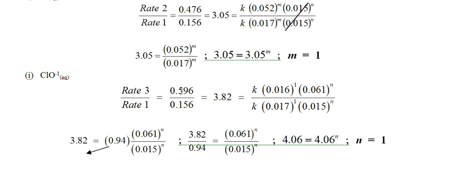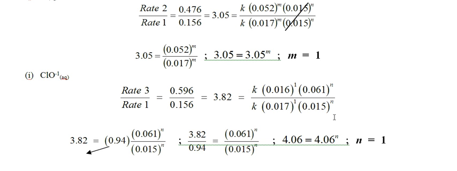Take those rates and divide them by each other. In this case, I got 3.82. Nothing really extraordinary about that. However, when I plug in my concentrations, you'll notice that I do have my order included here. The order is the power. So anything to the first power is itself. So we'll take this value divided by that value, and in this case, I get 0.94.